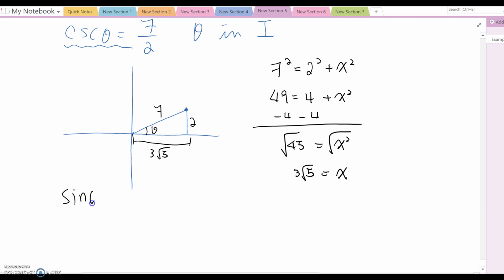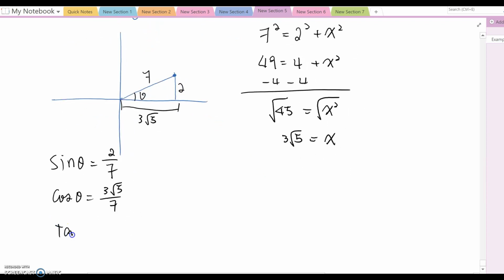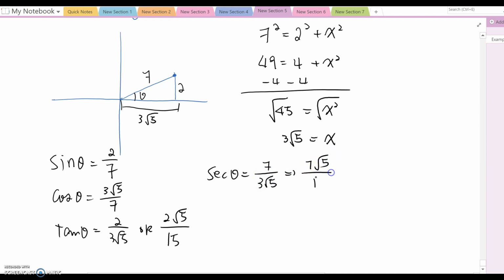Sine theta means 2 over 7, cosine theta means 3 root 5 over 7, tangent theta equals 2 over 3 root 5, which is 2 root 5 over 15, and then secant theta equals 7 over 3 root 5, which is 7 root 5 over 15, and cotangent theta means 3 root 5 over 2.